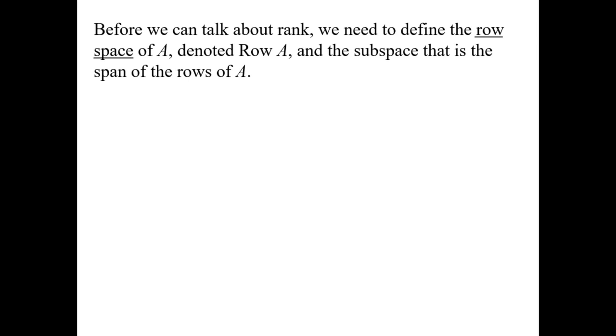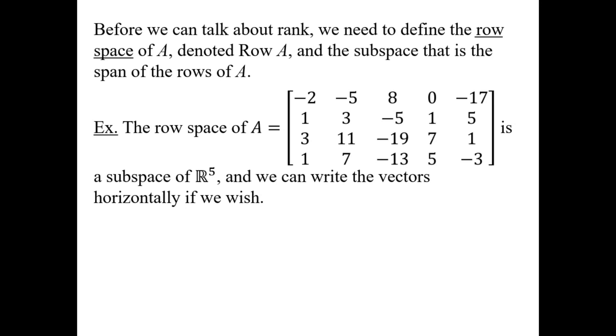This is the subspace that is the span of the rows of A. If the column space is the span of all the columns, the row space would be the span of all the rows. So the row space of A is a subspace of R5. Please notice it's R5 because this is one of the rows, meaning this is one of the vectors defining the subspace, and this is a vector in R5.